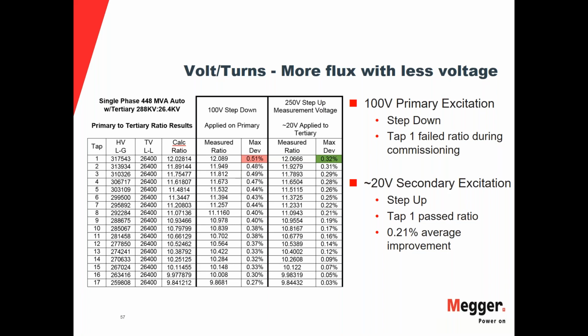So based on whatever your ratio is and configuration, the voltage that's applied to the low voltage side, secondary side, then induces up to 250 volts on the primary side, and this is obviously for safety reasons, because you don't want to have 800 or 1,000 volts on the primary side. So here we can see, just by example, our percentages went way down because we've got more flux, we've got higher excitation, equals more sensitivity, equals a better result.